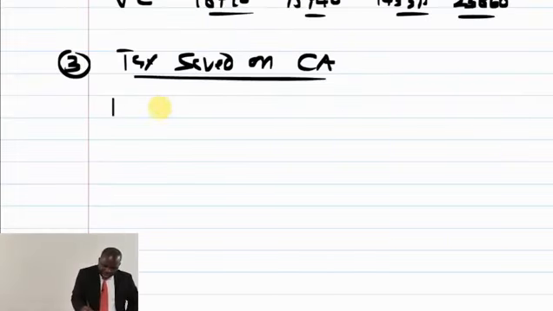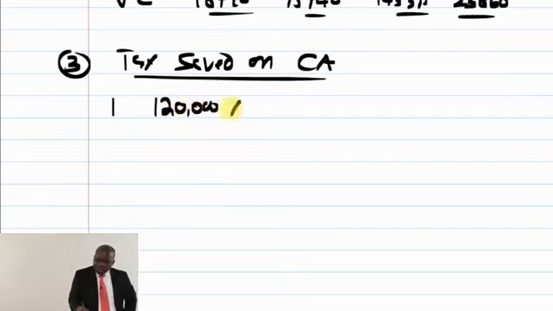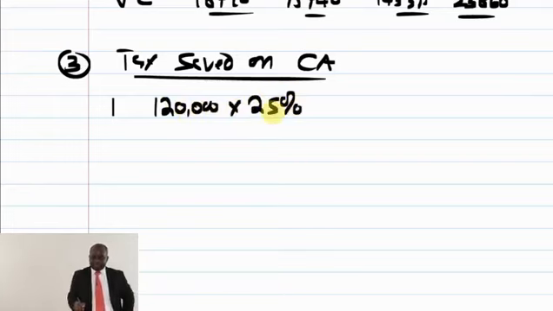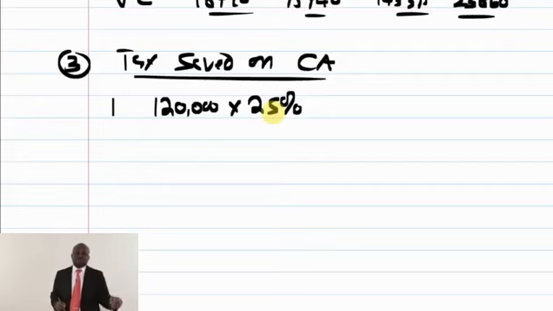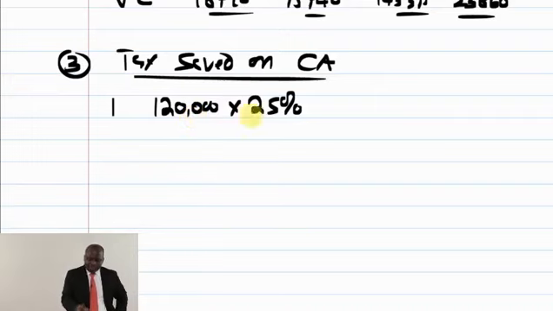Okay, so year one, I will say the cost of it is 120,000 multiplied by the reducing balance rate of 25%. Tax savings is the tax percentage multiplied by the capital allowance. So when I multiply the 120 by the 25%, it ought to give me the capital allowance before I multiply the tax rate with.